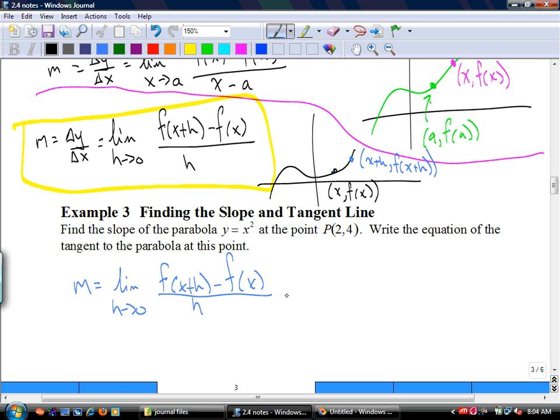So the limit as h goes to 0. All I'm going to do is take out f of x plus h and put in what it is. I better do this over here. F of x is x squared.